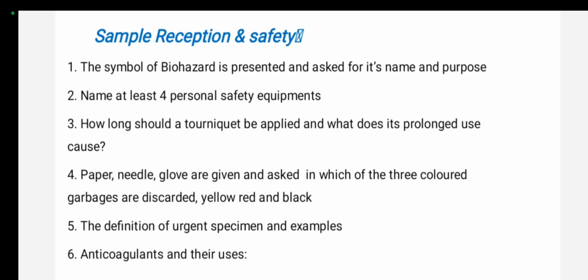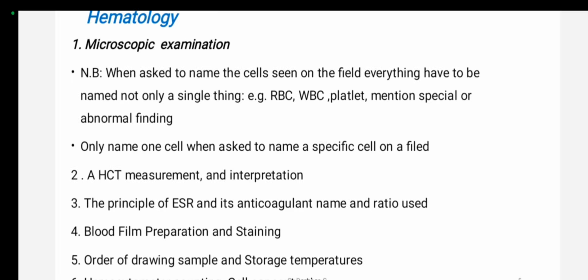So when we are just asked to state what we see there, we need to report all of the things we see. We should not select any or everyone. We should not select one cell or one kind of special finding. We have to state all of the things that we see on that slide, on that smear, as much as possible.